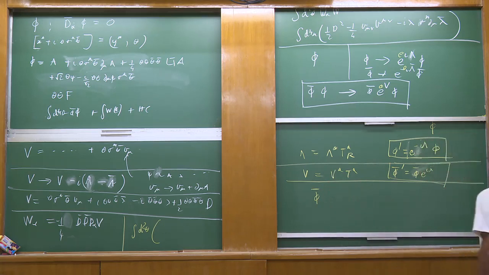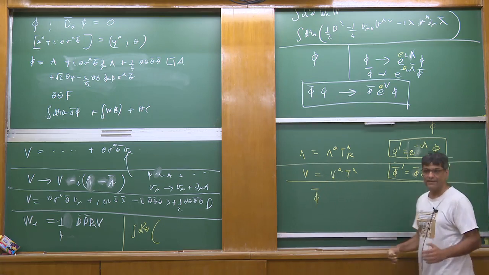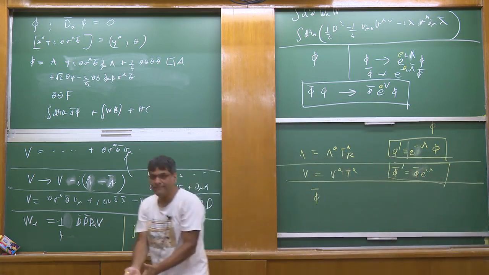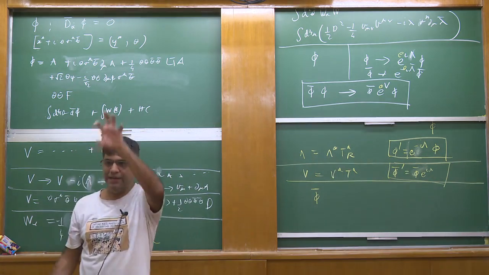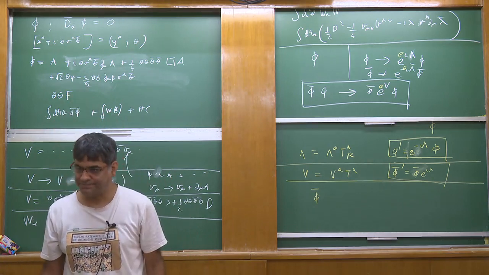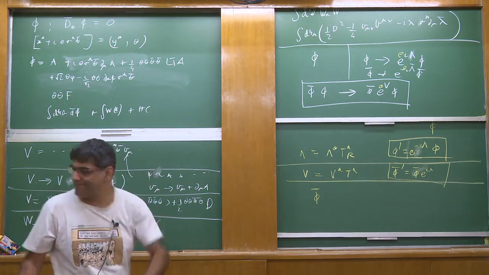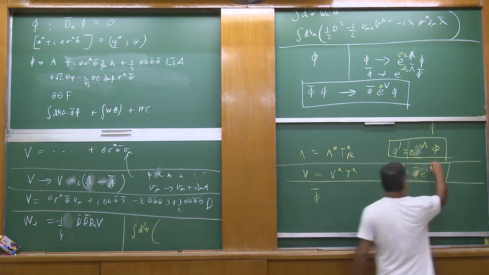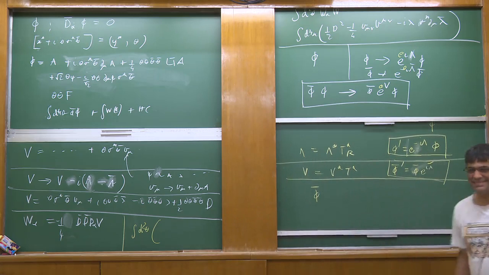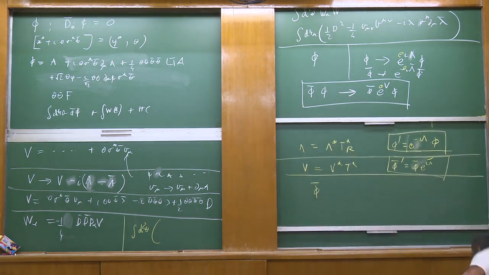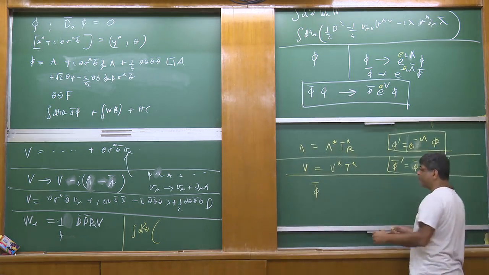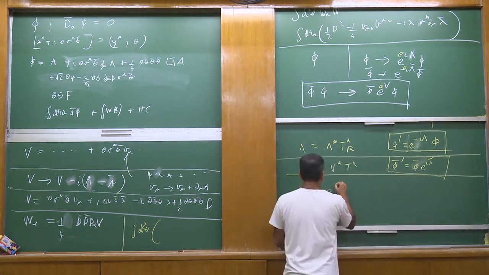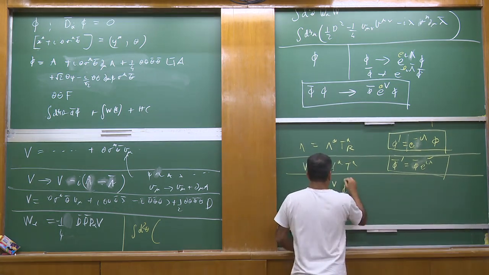This phi is a collection of superfields. Phi is a column, and each element in that column is a superfield. And now we want this interaction, phi bar e to the power V phi, to continue to be gauge invariant.